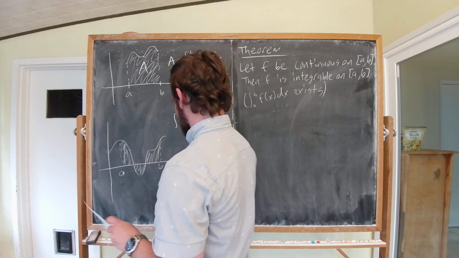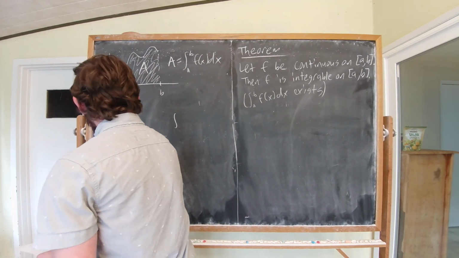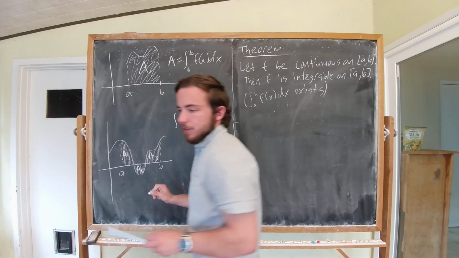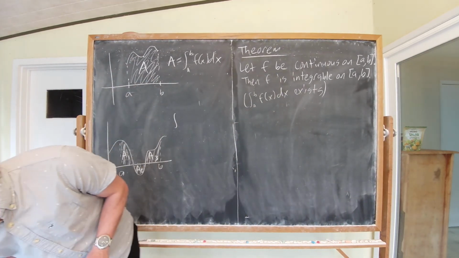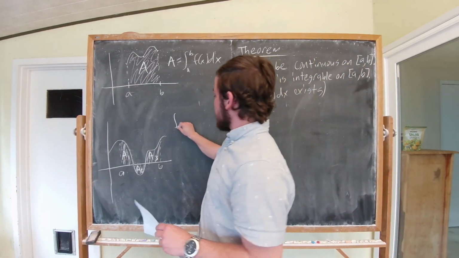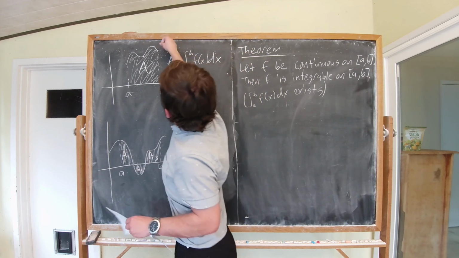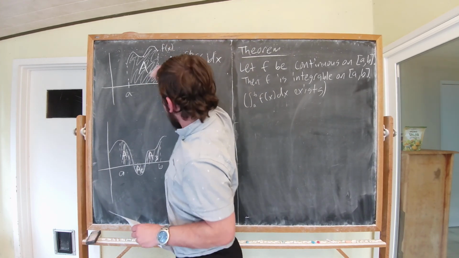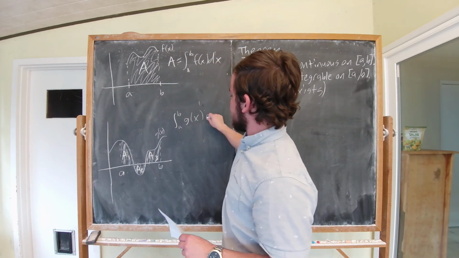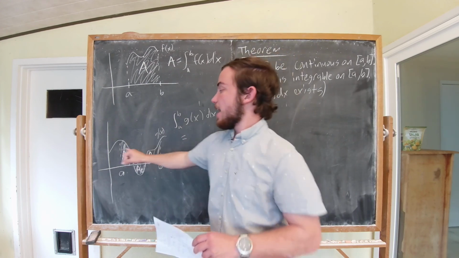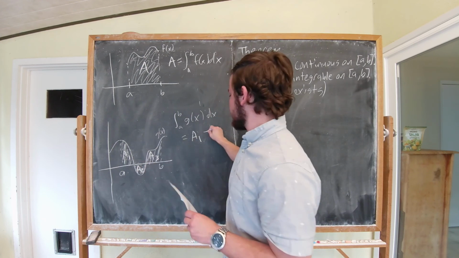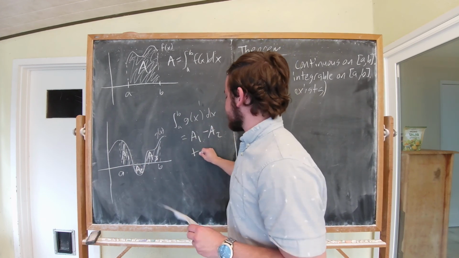So in this case, if we call those A1, A2, and A3, then the integral from a to b of, let's say that's f of x, and let's call this g of x, the integral from a to b of g of x dx would be, in this case, A1 minus A2 plus A3.